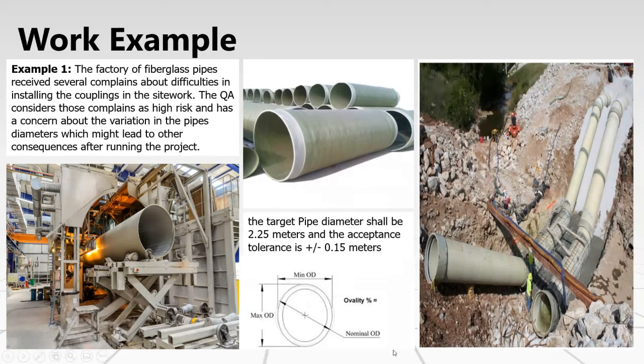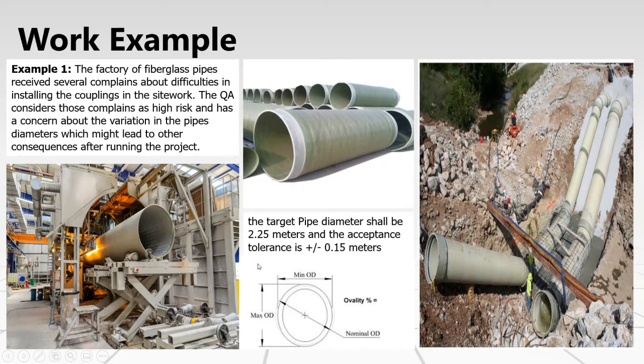And we can even refer to the logistics cost of returning the pipes, the loss of the materials, the cost of poor quality. All of those parameters will be mainly related to our process capability.